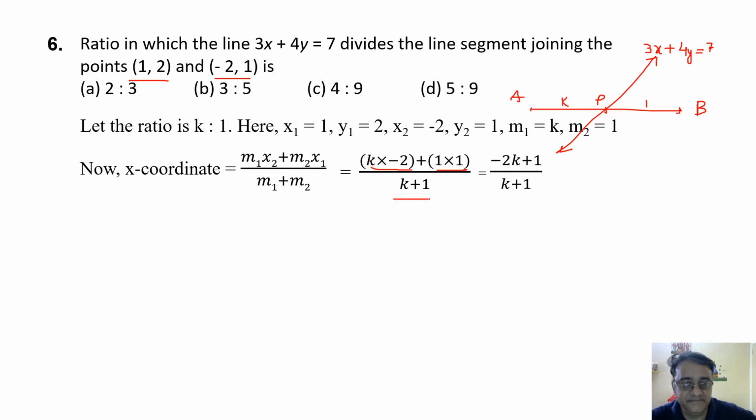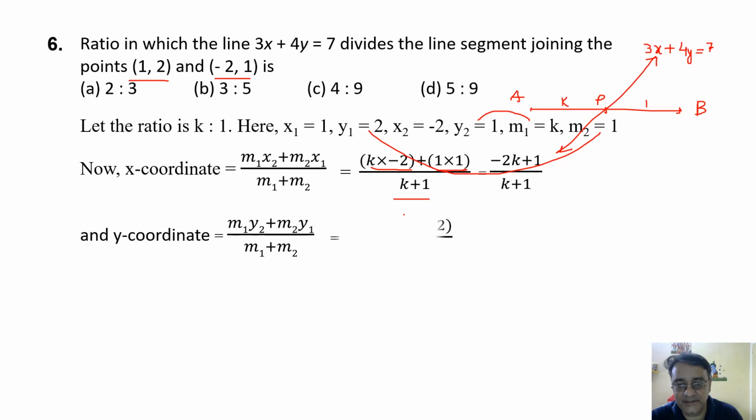This is x. Now similarly we have to find y. So y is m1 y2 plus m2 y1 upon m1 plus m2. So we get k into 1 plus 1 into 2 upon k plus 1. So we are getting k plus 2 upon k plus 1. So this is y.